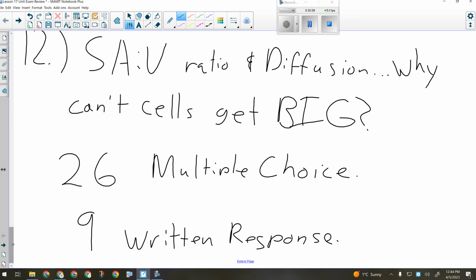Then labeling the cell, layers of the leaf, plant transport, cell transport, and cell size, surface area, and transport.